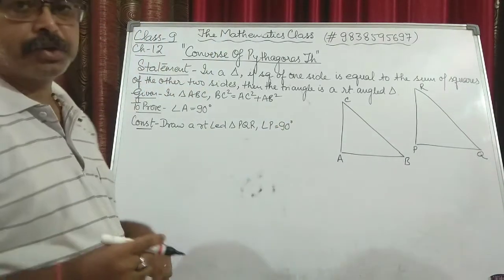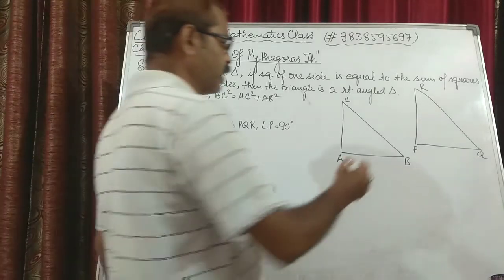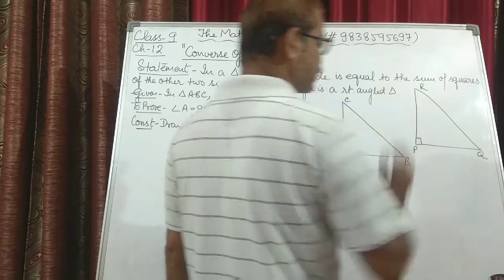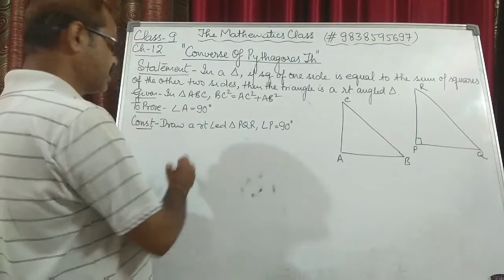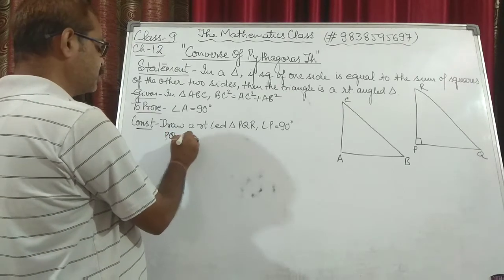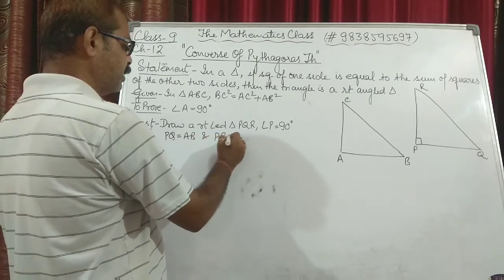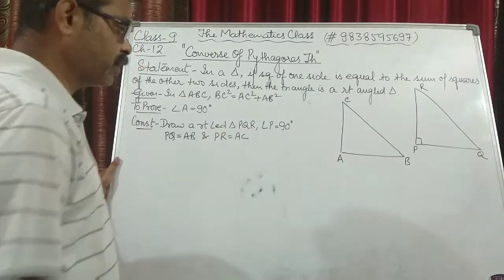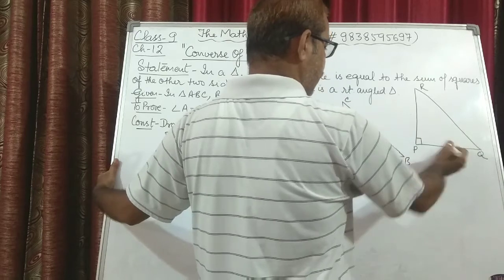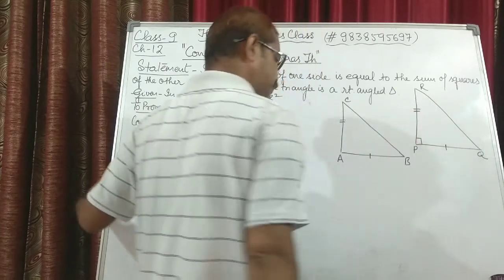Because we have the liberty to do anything, we are purposely drawing a right angle triangle PQR in which angle P is 90 degrees. Second, draw PQ equal to AB and PR equal to AC. Equal to the size of AB, we draw PQ, and equal to the size of AC, we draw PR.